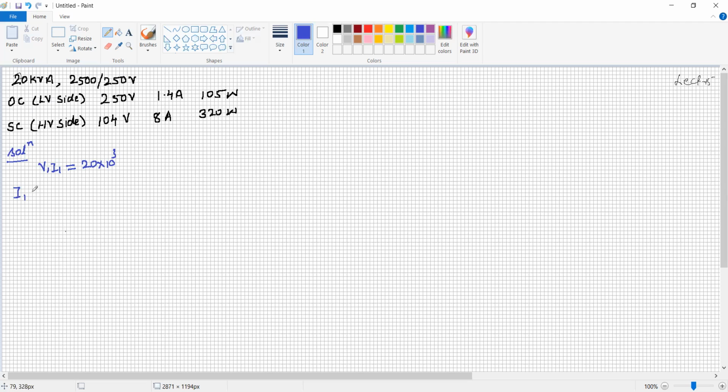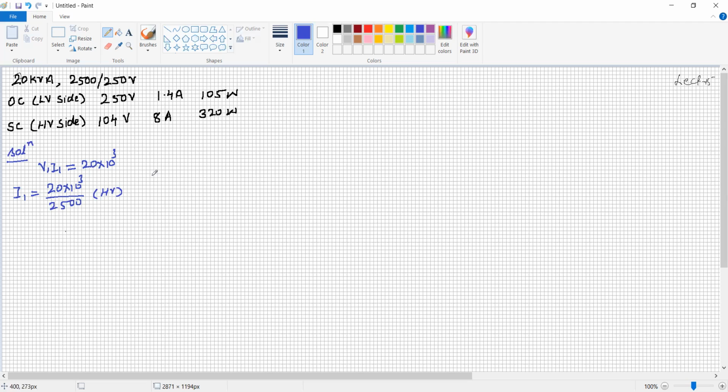So I1 is equal to 20 into 10 raised to 3 divided by 2500. So it will give the full load current on the HV side. So this is HV current.